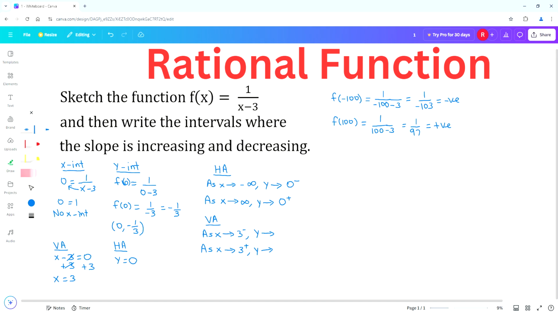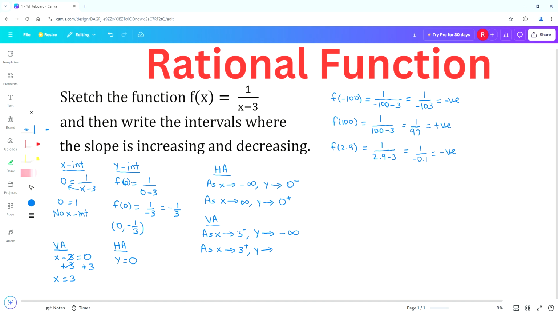We can use x equals 2.9. We can sub in this x value in the given function equation. Value of this fraction is negative. Therefore, on the left side of the vertical asymptote, the function approaches negative infinity.